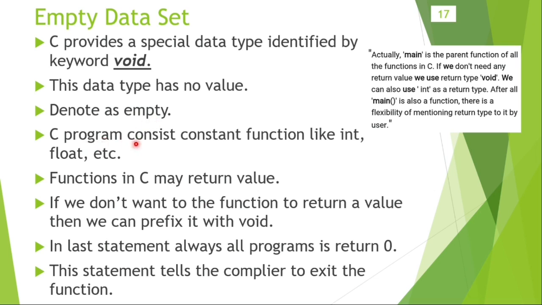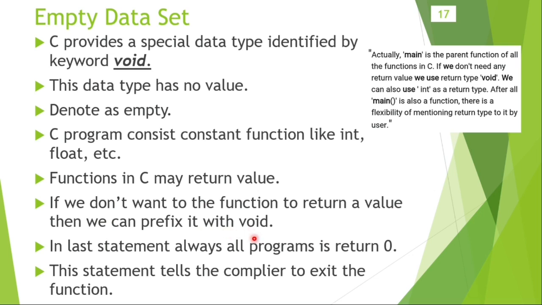C programs consist of constants and types like integer, float, etc. Functions in C may return a value. Mostly it is return value 0, always written at the end of the program. If you are using void main, there is no need to write the return value. If we don't want the function to return a value, then we prefix it with void.